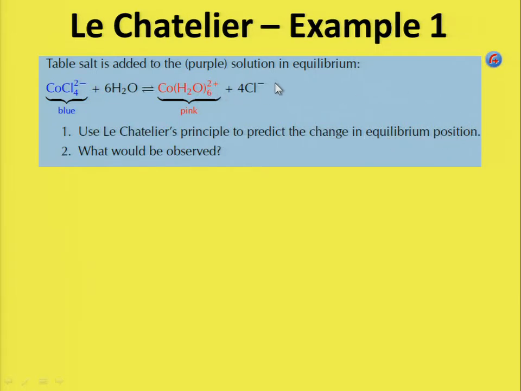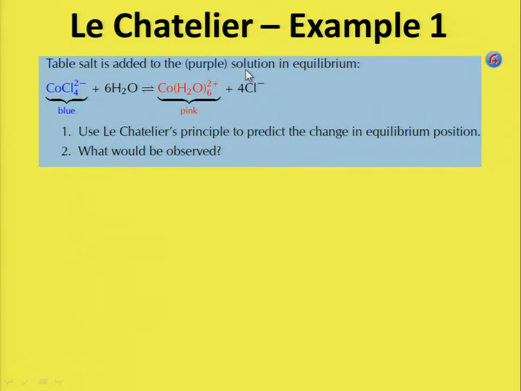Now first you need to figure out what the effect of table salt will be. What is table salt? Sodium chloride. That means in solution you will actually be adding sodium ions and chloride ions. In this reaction there is only chloride ions.